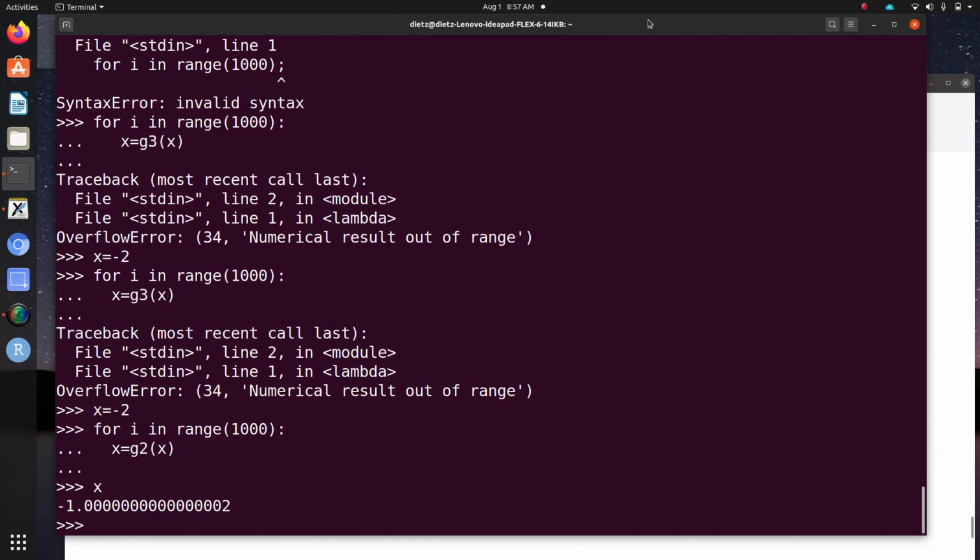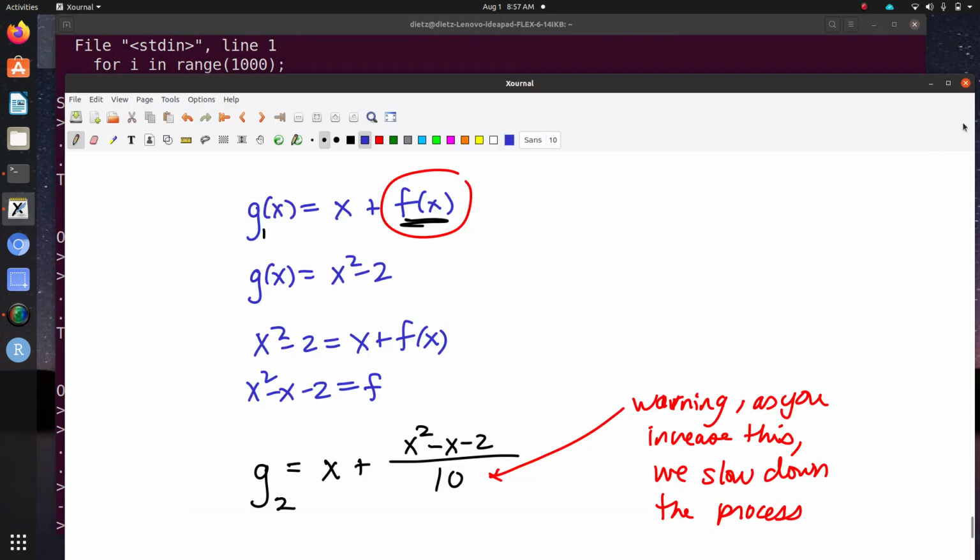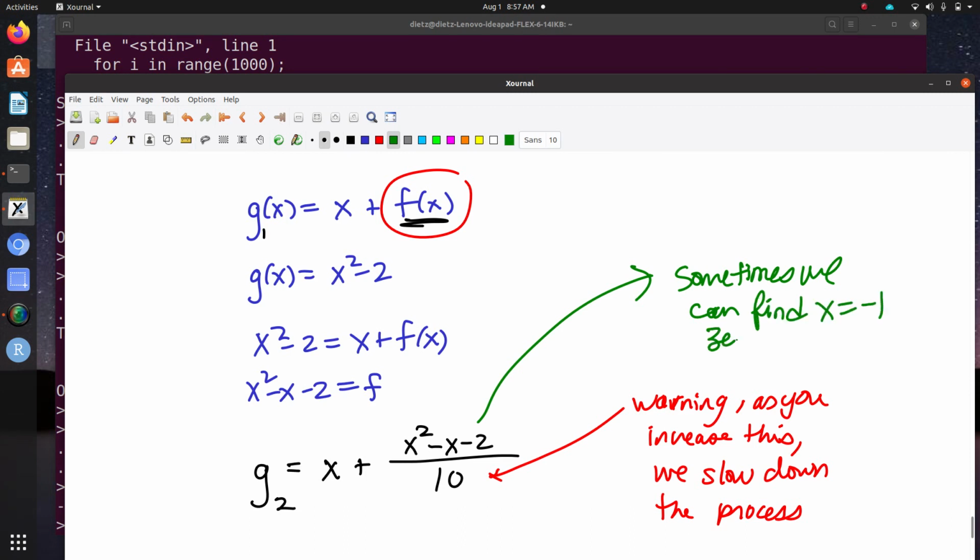So what happened is when we looked at G2, it sometimes allows us, depending on our starting value, to find the x equals -1 zero of f, or fixed point of g, right?